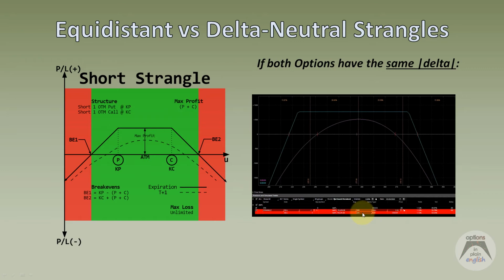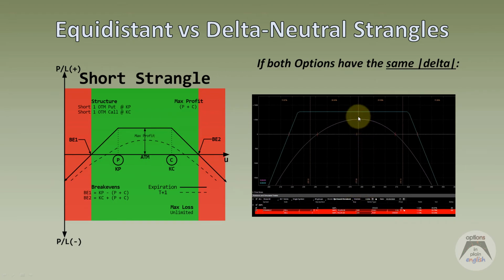It probably has the same high value of implied volatility, but because it's further away from the at the money, the deltas are going to equalize between the call and the put. And now, as you can see here, it's more centered and more balanced, and it's what we would consider a delta neutral strangle.